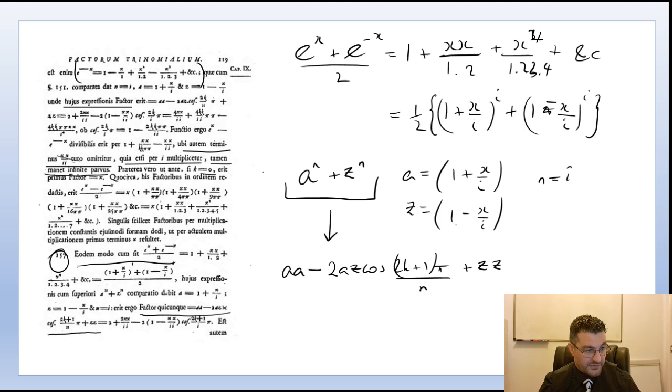So plugging all of the values in, we get this, and doing a bit of simplification, 2 plus 2x squared over i squared minus twice 1 minus x squared over i squared cosine 2k plus 1 pi over i.